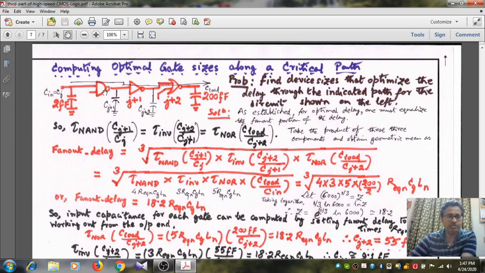That means we have shown a 2 input NAND gate which drives an inverter which drives in turn a 2 input NOR gate, and then the final load of a value 200 femtofarad, where the input capacitance is 2 femtofarad. So we have to size up the NAND gate so that it provides an input capacitance of 2 femtofarad. Okay, you have to clearly understand the problem.